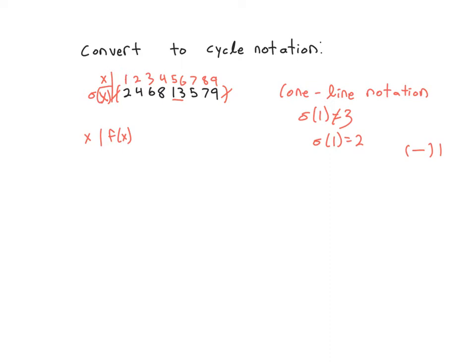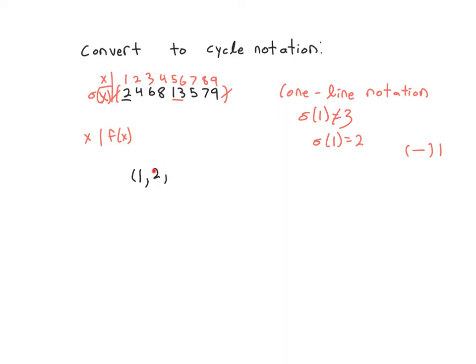All right, that misconception aside, how do we actually do the conversion? Well, we pick an element, let's say 1. We figure out what the permutation does to 1. 1 is our x-coordinate. What is our y-coordinate? It is 2. Congratulations, that's the first step.